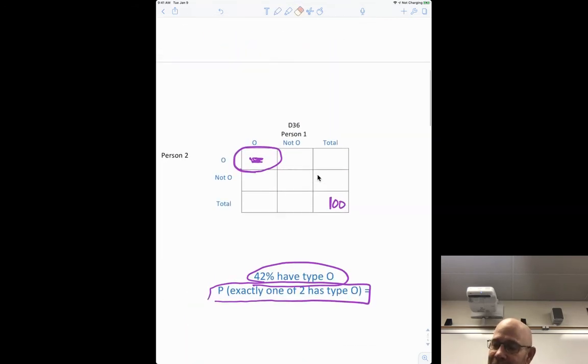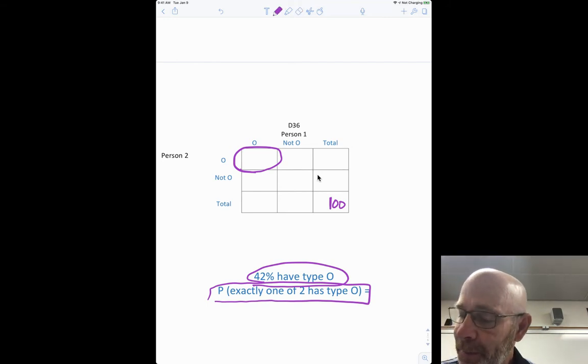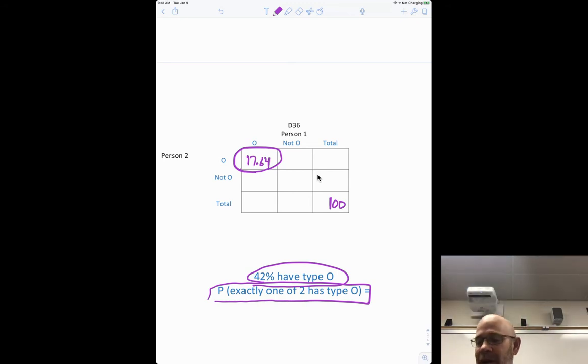So let's fill this in. Nice, I can just fill in the chart. I go 0.42 times 0.42, and I get 17.64. I can do this for any of these boxes. So if I go not O, it would be 58% times 58%.